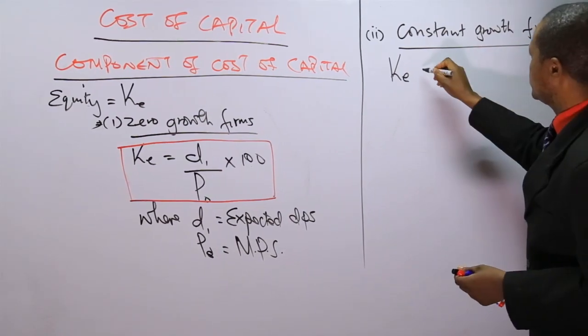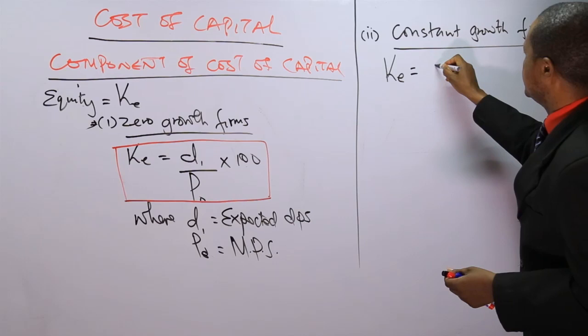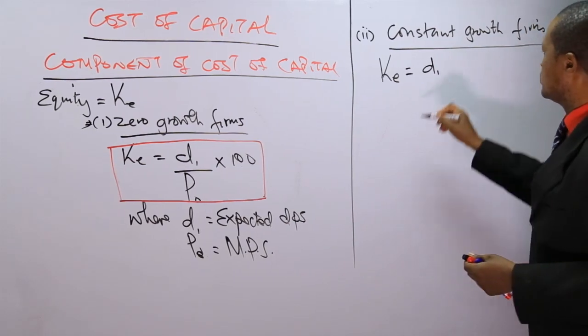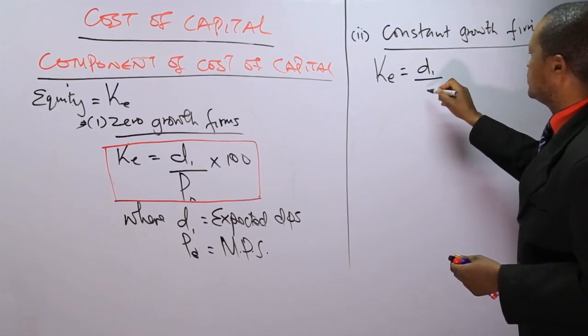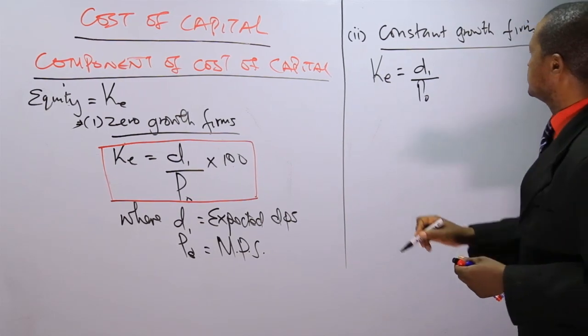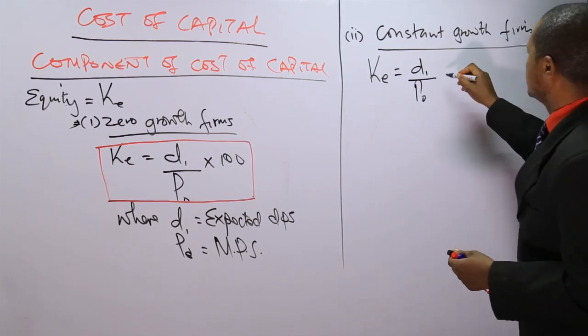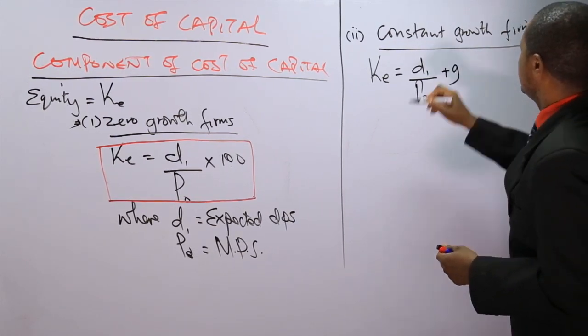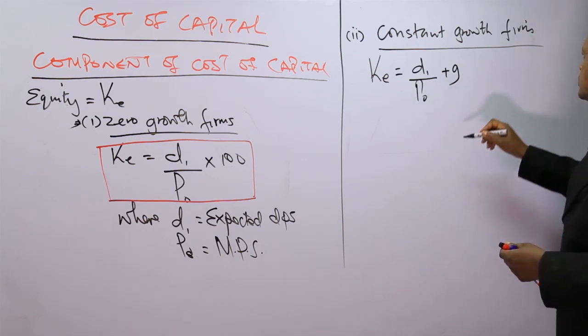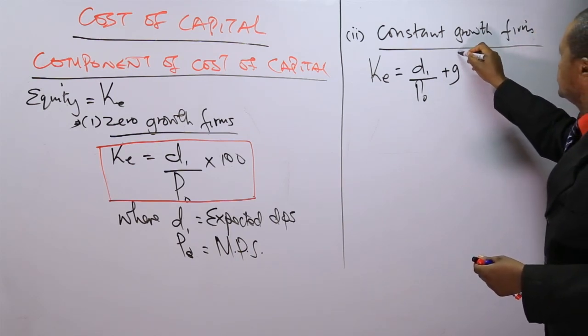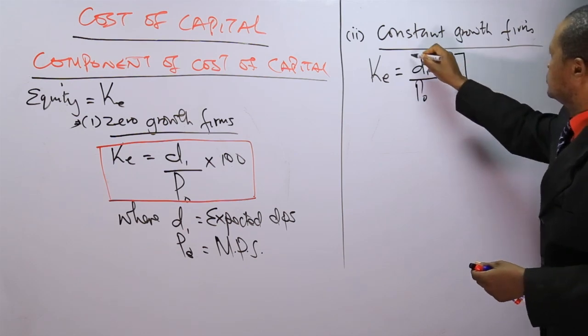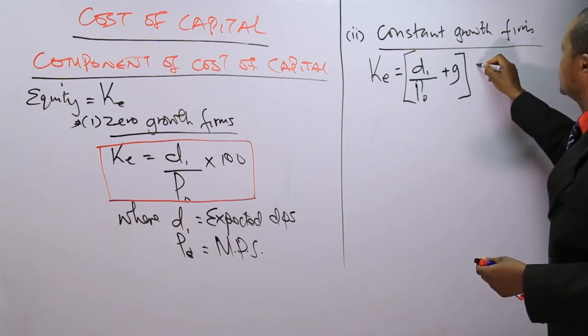The cost of equity will be equal to D1 over P0 plus G, times 100.